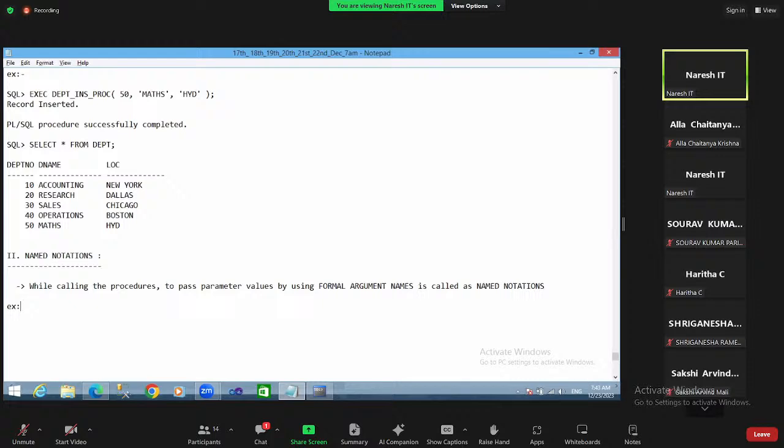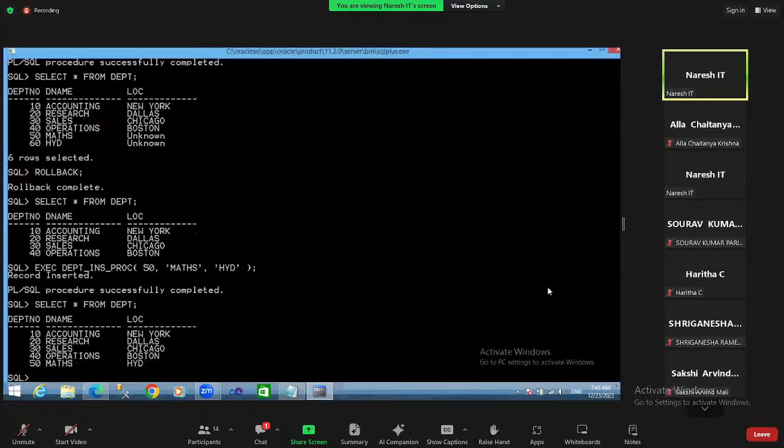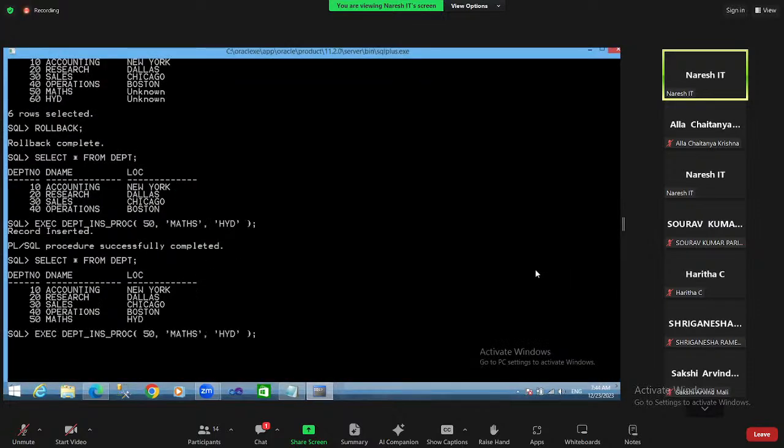See one example, guys. Here I am calling the procedure. At the time of calling the procedure, I am inputting the values by using P_DEPTNO, first I am passing 60. Next, I am passing the location value, P_LOCATION equal to Hyderabad, HYD. And P_DNAME equal to English department, ENG.